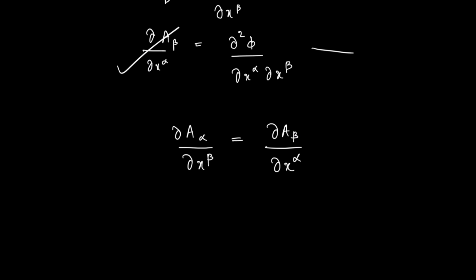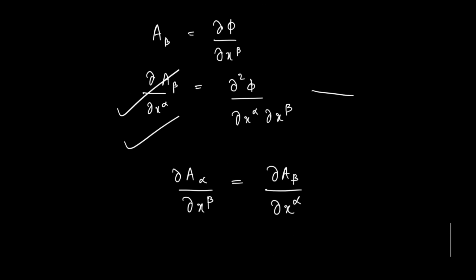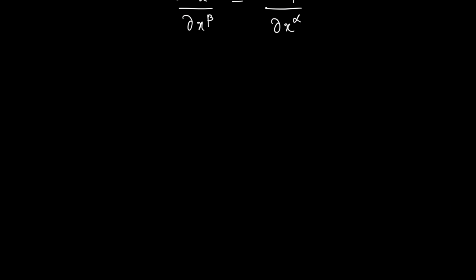Now consider the covariant derivative of A alpha with respect to beta. So what here I have done is normal partial derivative. Now I am going to consider the covariant derivative of A alpha with respect to beta. So that I have to represent something like this. So with the covariant derivative with respect to beta of A alpha. So by definition it is partial derivative, right, with respect to x beta of A alpha minus Christoffel symbol sigma alpha beta A sigma.